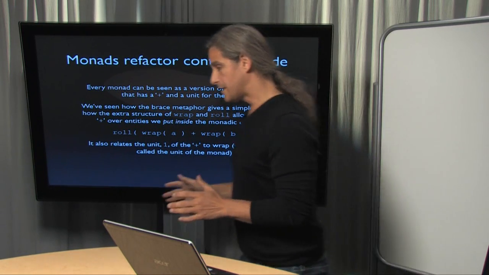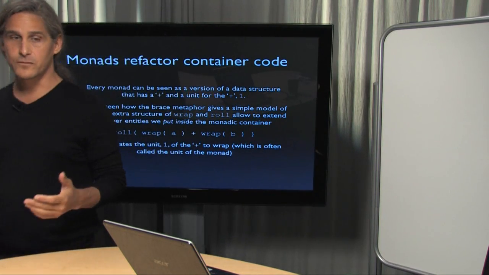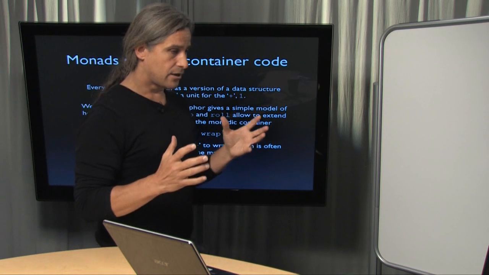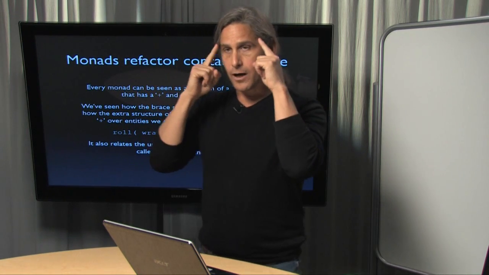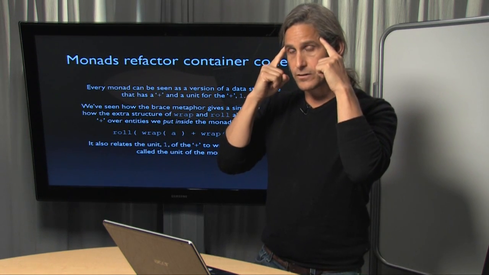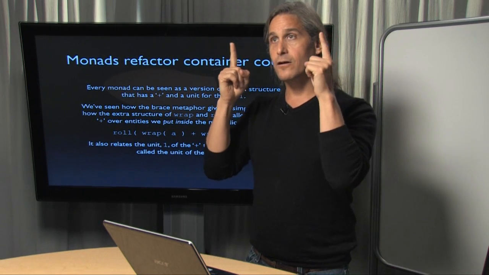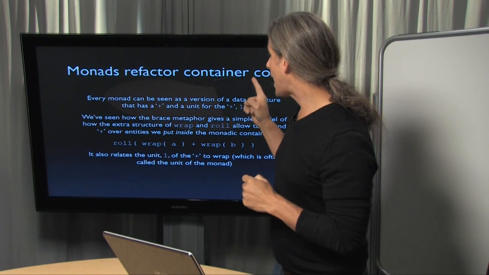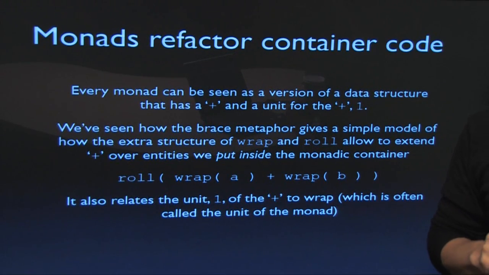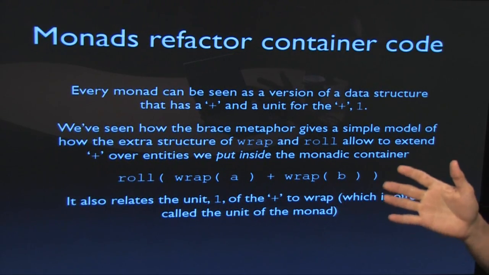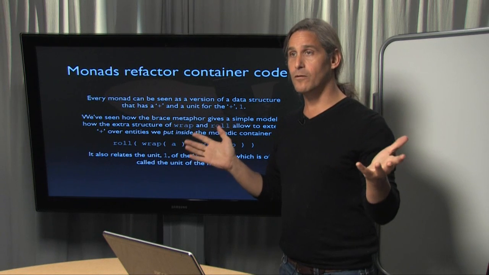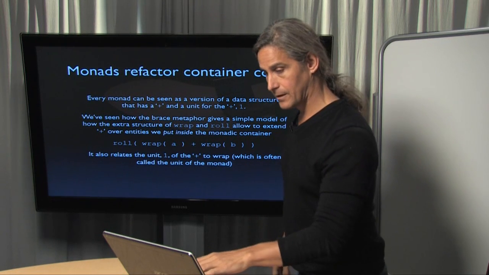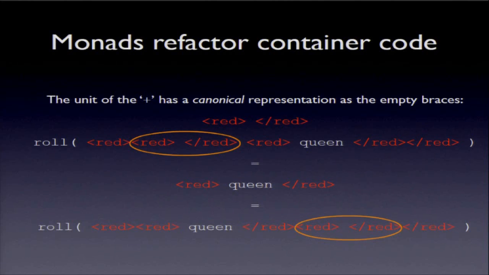So again, what I'm trying to get across is that you only need one model in your mind, which is colored braces. And as long as you're manipulating colored braces in your mind, you have a handle on the notion of monads. And we all do that all the time if we're programming the web, because we're all manipulating XML. Okay, so let me show you what I mean.